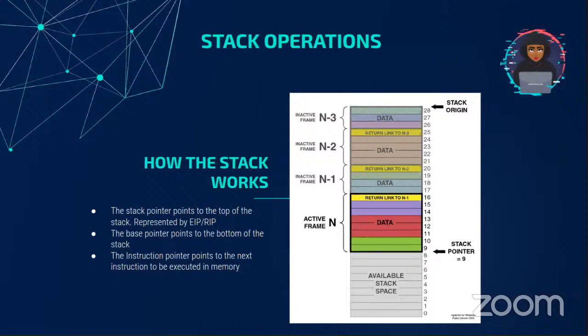We have the base pointer, which points to the bottom of the stack, and the stack pointer, which points to the top of the stack. Those are very important registers that you need to keep in mind for the rest of the session: the instruction pointer, the base pointer, and the stack pointer. Stack pointer points to the top of the stack, base pointer to the bottom, and the instruction pointer to the next instruction to be executed in memory.